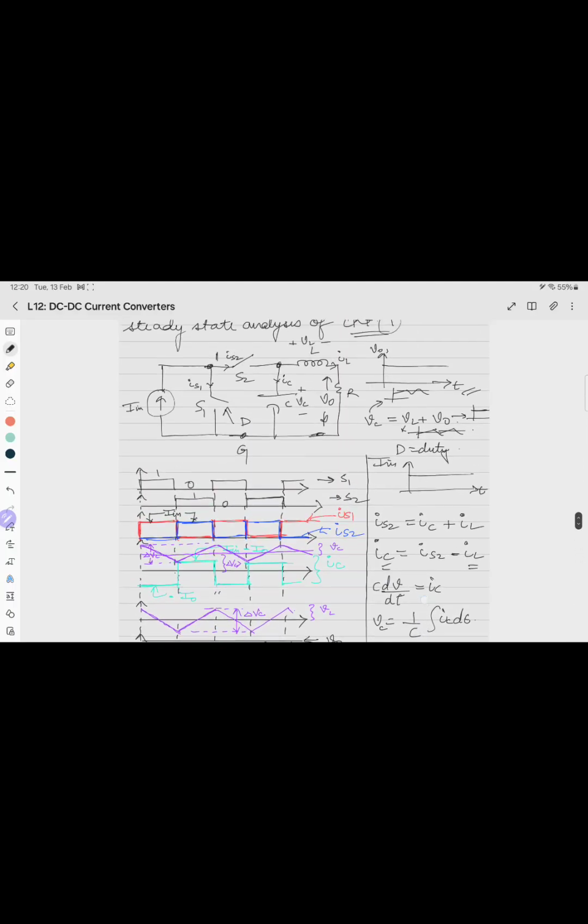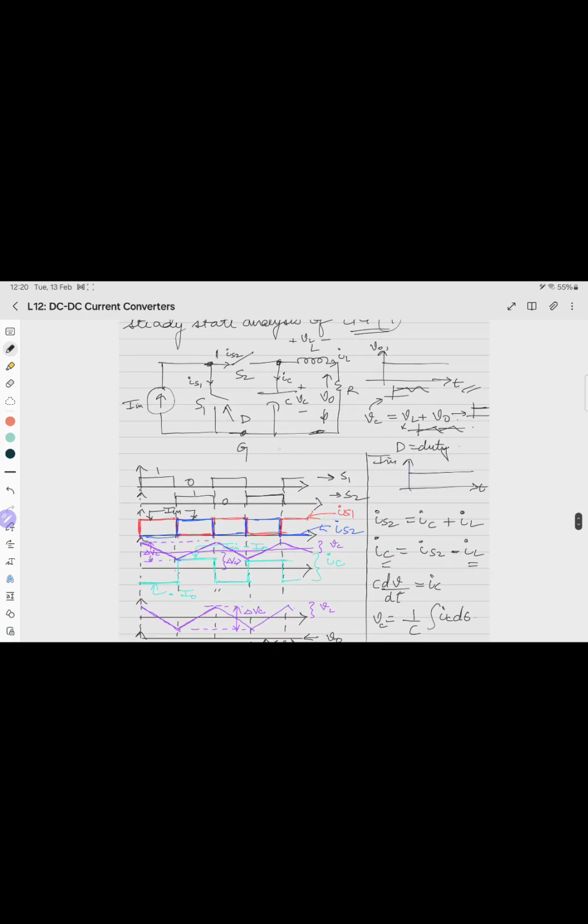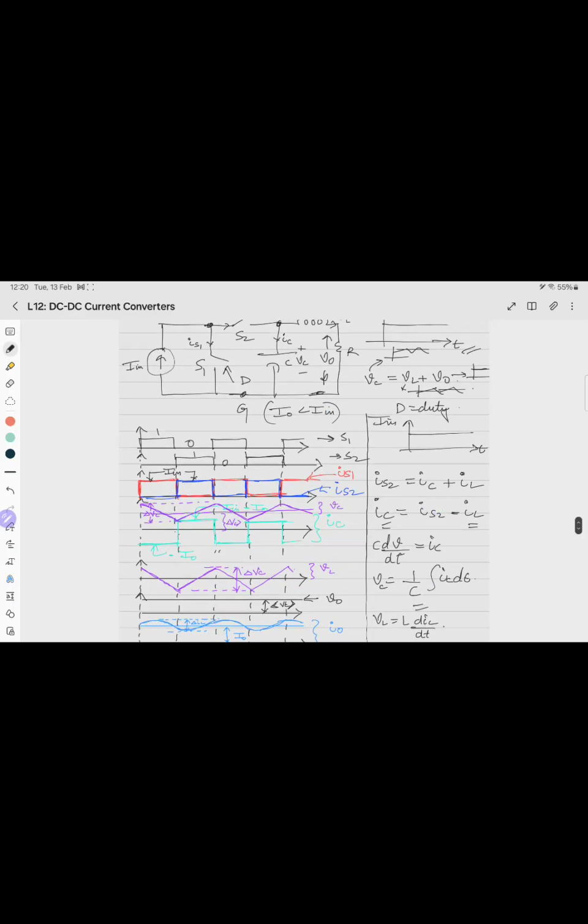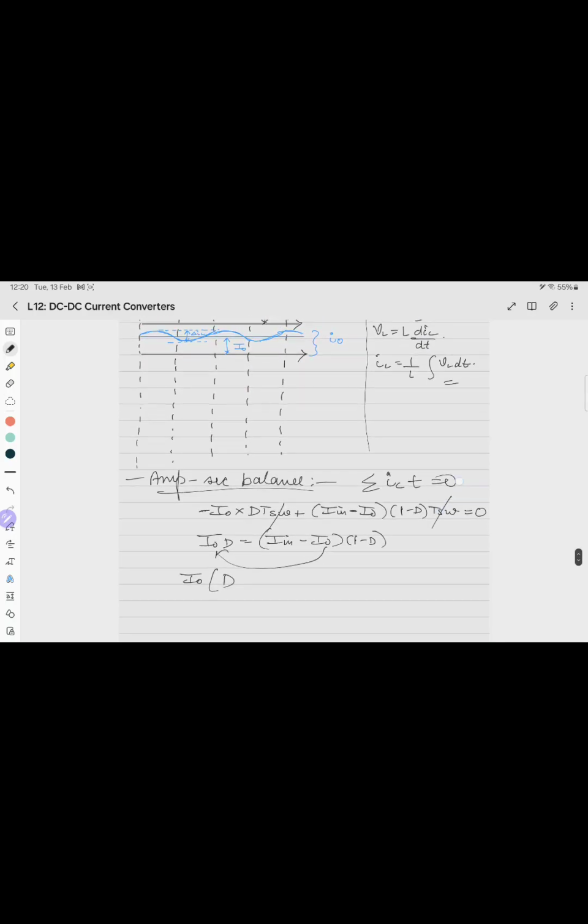In this case I naught should be less than I in. This is the assumption. That's why I in minus I naught is positive.